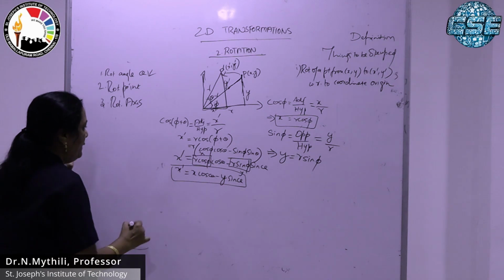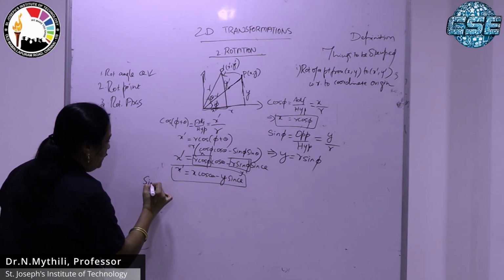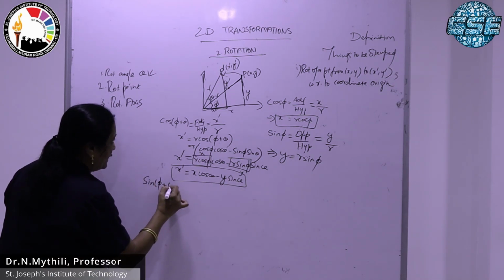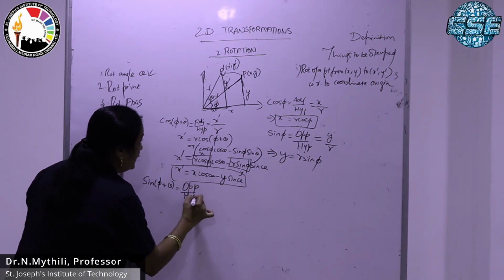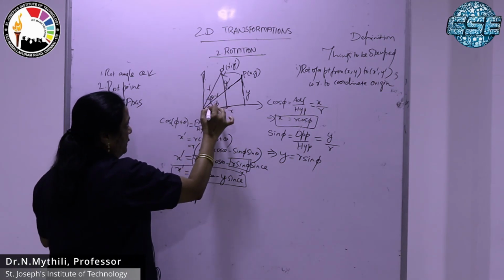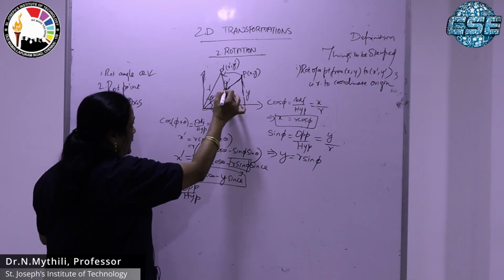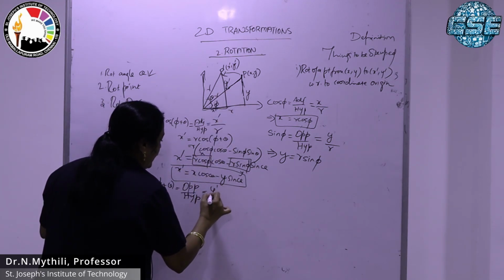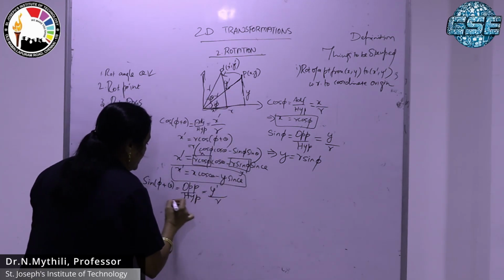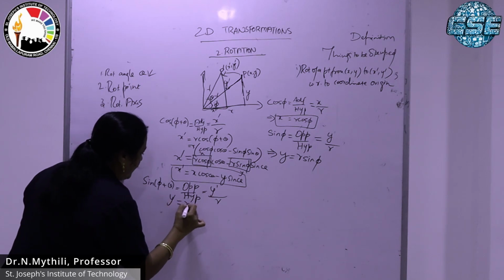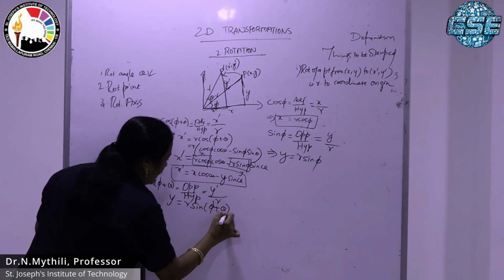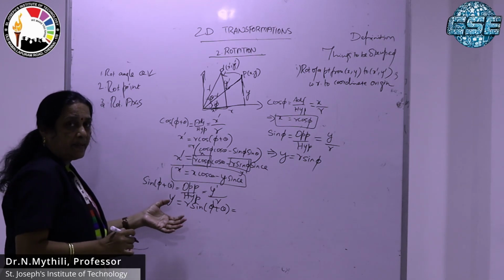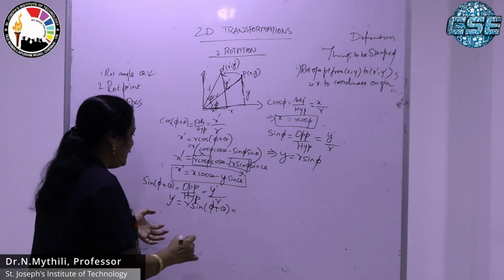In the same way, we can take sin of phi plus theta is equal to opposite side by hypotenuse. So for this triangle, sin of phi plus theta is equal to opposite side y dash by hypotenuse r. So when you cross multiply, y dash is equal to r sin of phi plus theta, and sin of a plus b is sin a cos b plus cos a sin b.